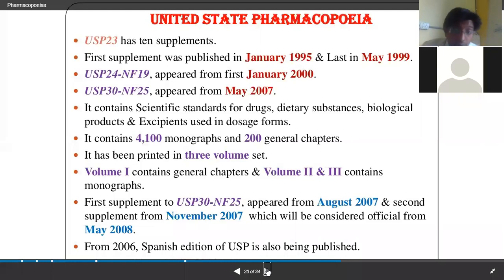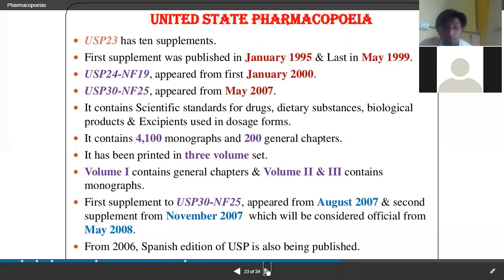It contains scientific standards for drugs, dietary substances, biological products, and excipients used in dosage forms. Remember, they contain not only the monographs but also dietary supplements, biological products, and even the use of excipients in dosage forms, and this feature is not there in the Indian Pharmacopoeia or the British Pharmacopoeia.